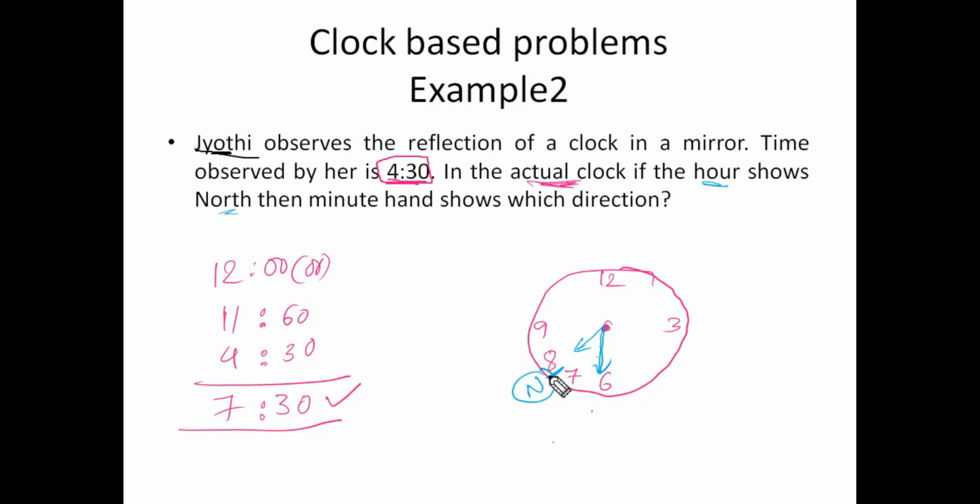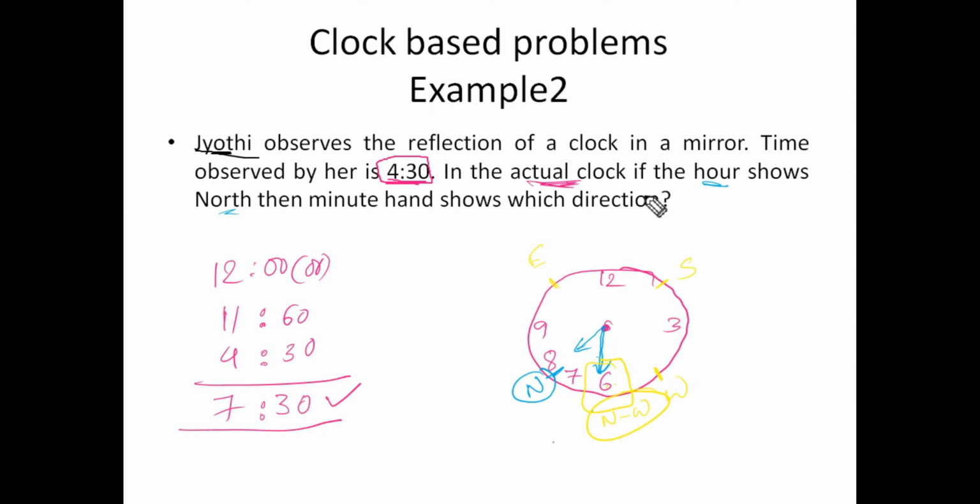Now see, north opposite south. North right side east. North left side west. And this pointer, or this number 6, is between north and west. That's why it is northwest.